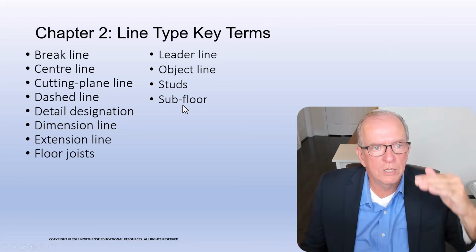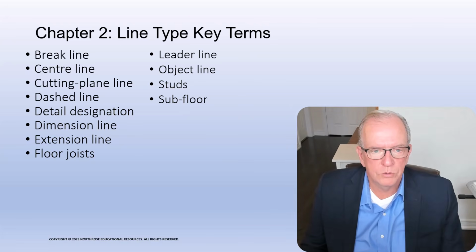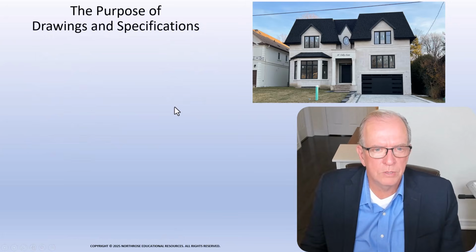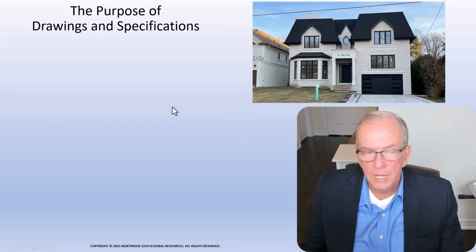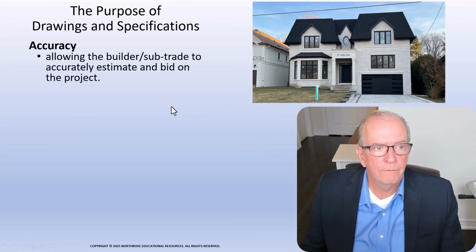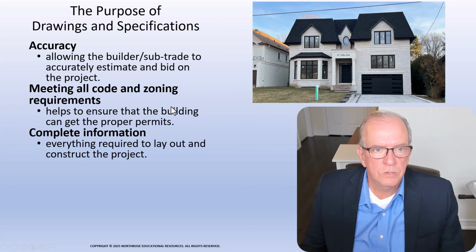And our subfloor is what rests on top of the joist. So just some stuff I will repeat throughout the series so that it actually starts to sink in. Definitely there's a lot of information here.